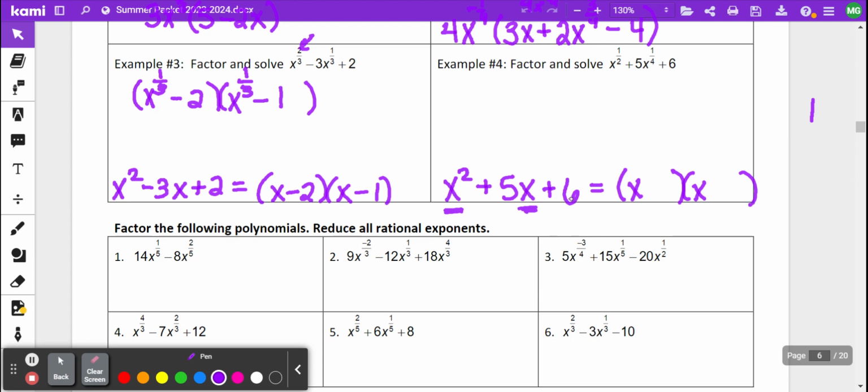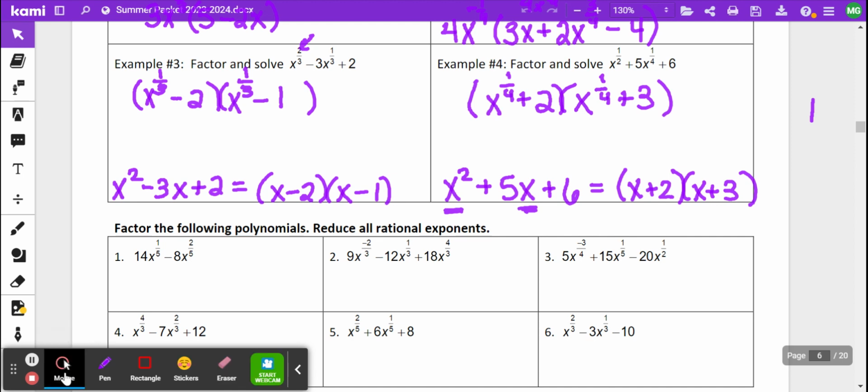Well, 2 times 3 equals 6. 2 plus 3 equals 5. So we would factor this to be x plus 2 times x plus 3. Well, we're going to do the same thing here, but we're going to factor it to be x to the 1/4 plus 2 times x to the 1/4 plus 3. And we are all set.